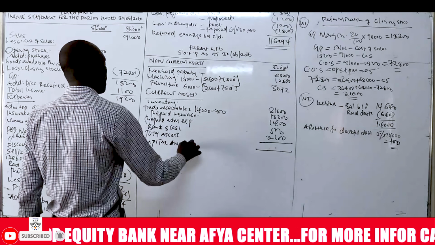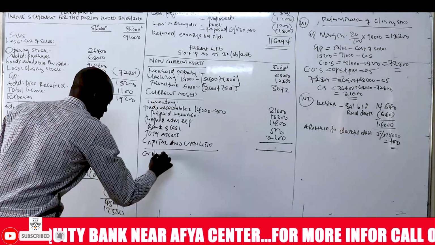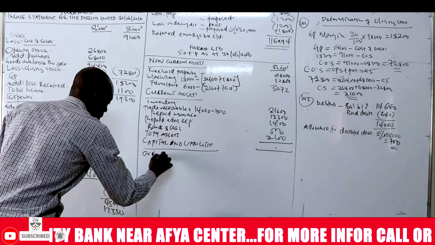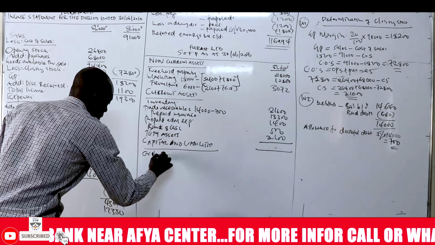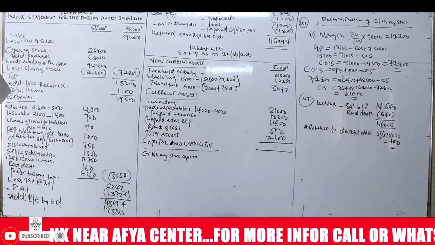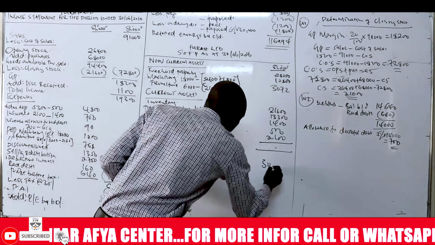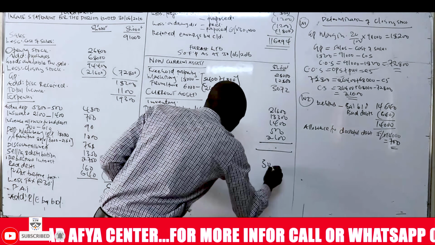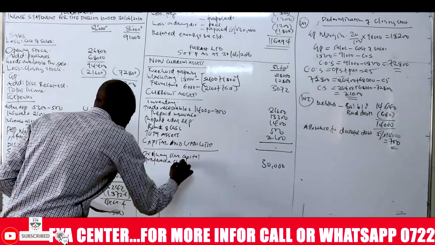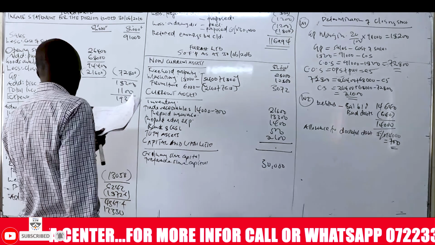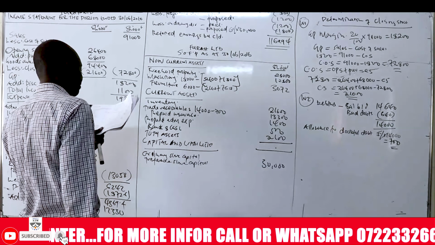Capital and liabilities. So we have ordinary share capital. Ordinary share capital ni ngapi? $30,000. Preference share capital ngapi? 20,000.